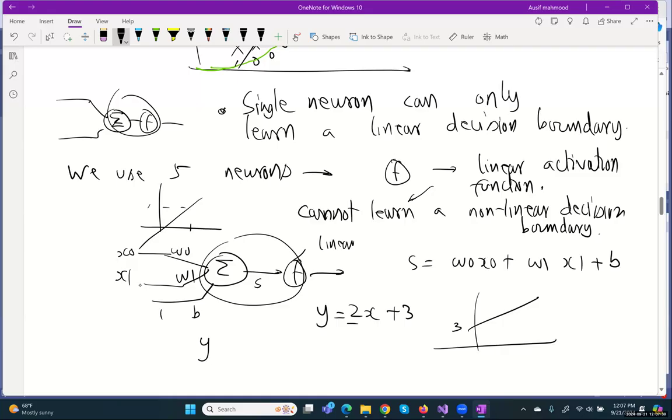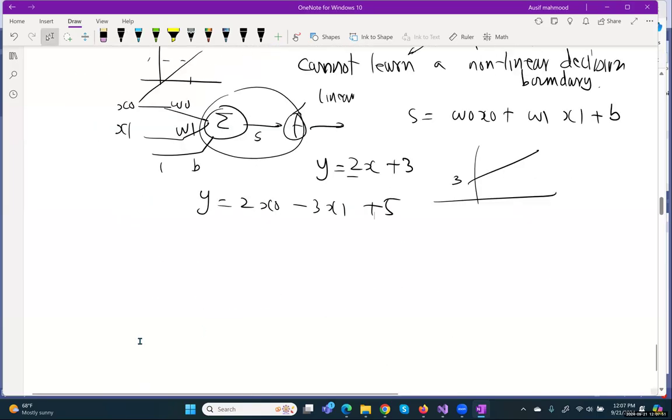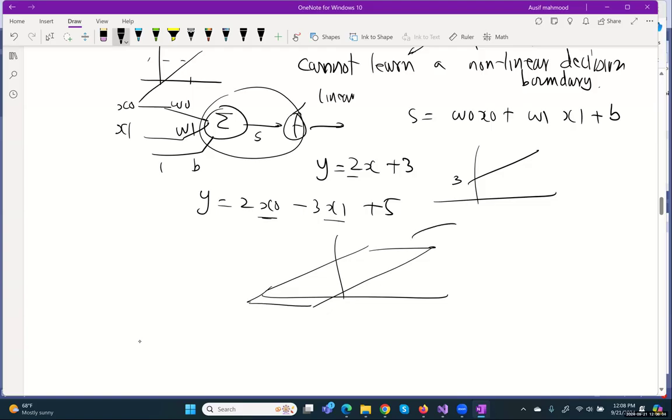Similarly, if I put 2 variables, 2x0 minus 3x1 plus 5, pretend now this is 3-dimensional data. X0 is one dimension, X1 is another dimension. What it will create is what we call a plane, like a flat sheet.